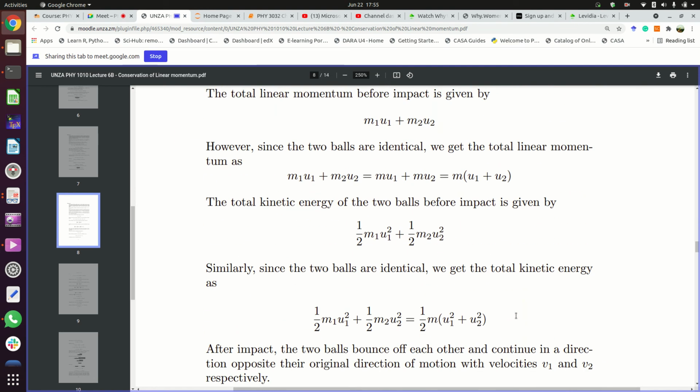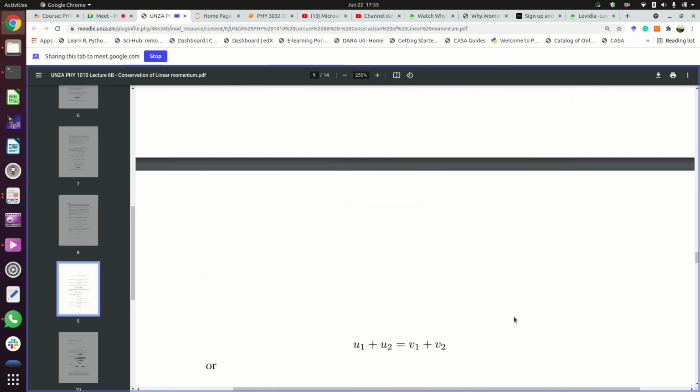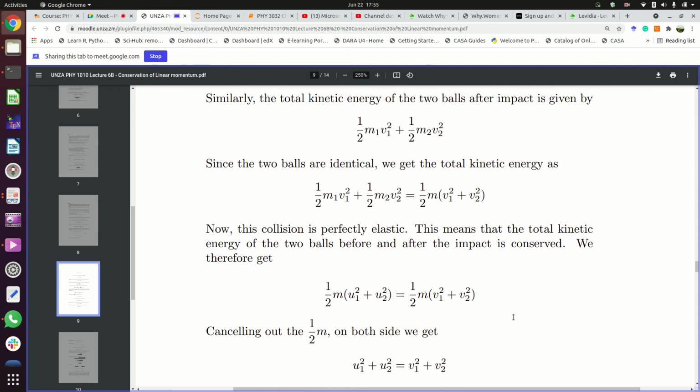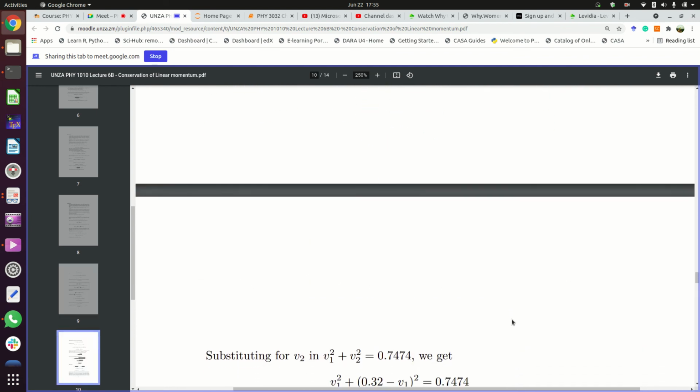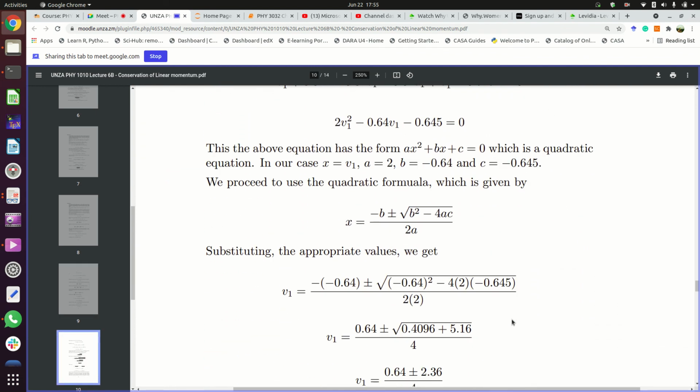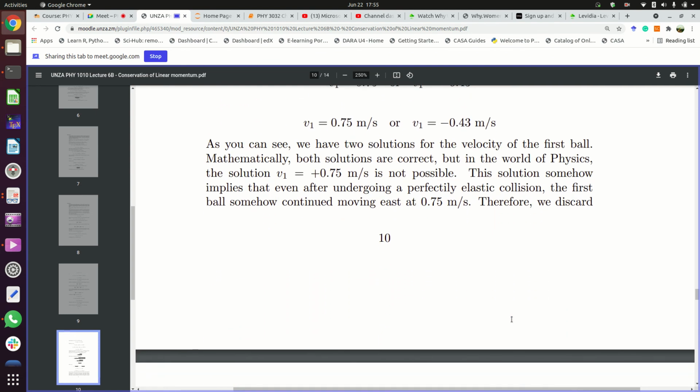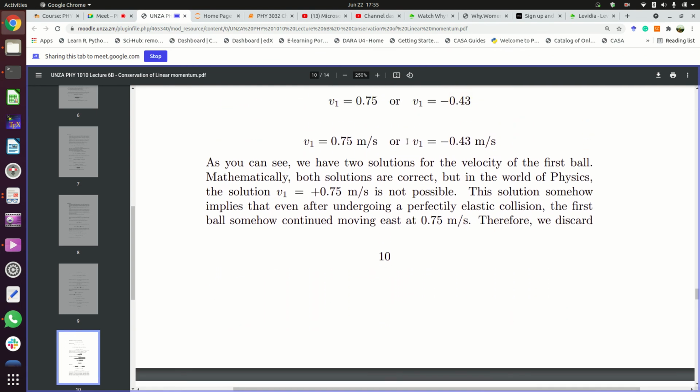So after they collide, because these objects have identical masses, the first mass moves backwards towards the west with the velocity of the second object. So the first object obtains, after collision, the velocity of the second object.